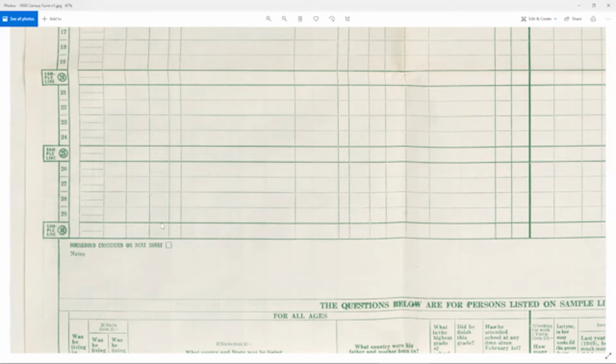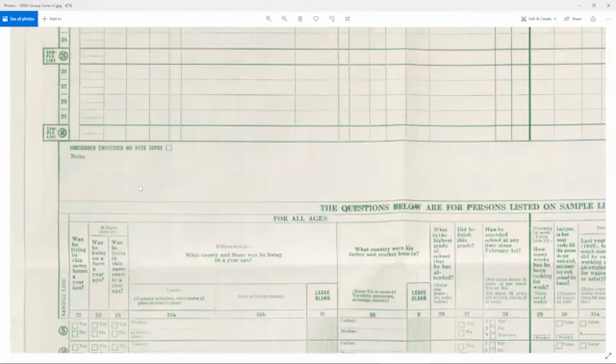So this is pretty cool. And then there's also this section for notes. In one instance, I read that if the family was away and they weren't going to be available to answer the questions, and a neighbor answered the questions, they would make a note of that here.